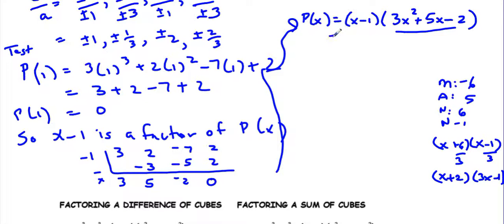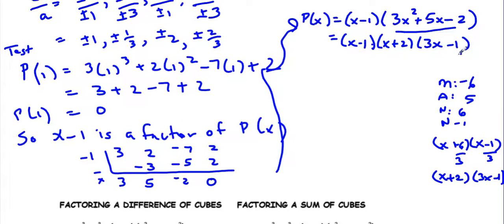So we'll just fix that for us here. So we've got x minus 1 times x plus 2 times 3x minus 1.